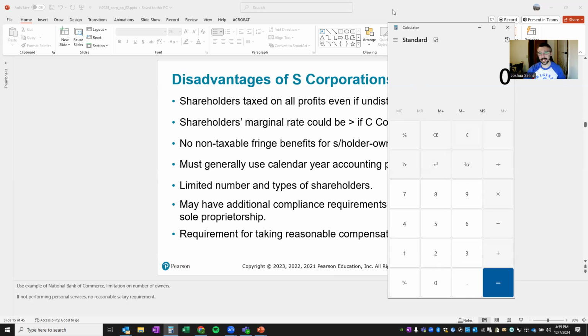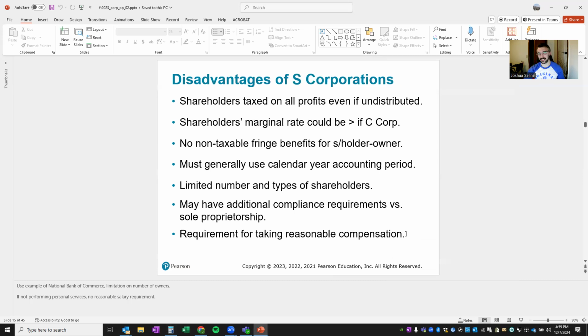But they use "reasonable" to kind of take the onus off. So you've got to use your judgment on it. You can't have 1 million of net income and pay yourself a salary of 10,000. But there's some wiggle room there, maybe a $250,000 salary on 1 million of income, they'd be okay with. So there's a lot of gray involved with the reasonable compensation requirement.